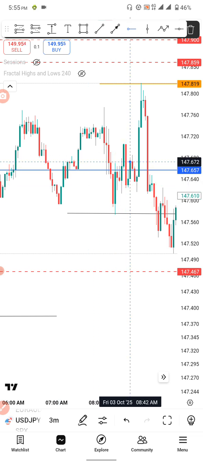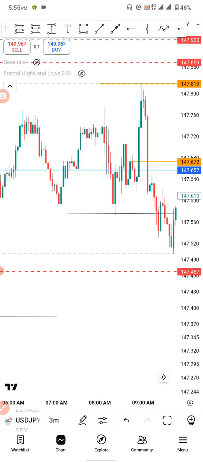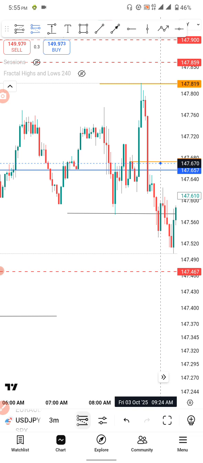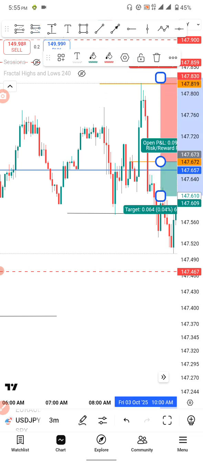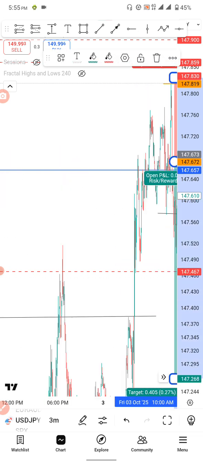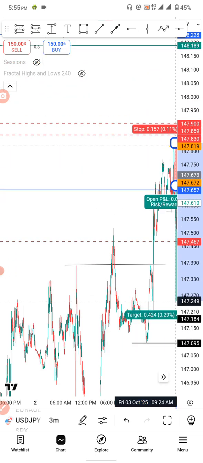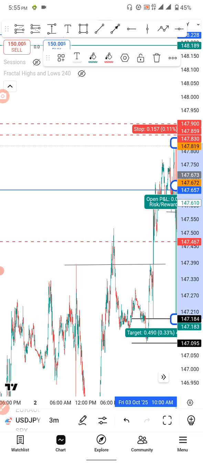So now we have to sell from that point. Stop loss just above that high. TPs here, and remember, if we reach here we have a buy setup here. Yes, we have also a buy setup there.